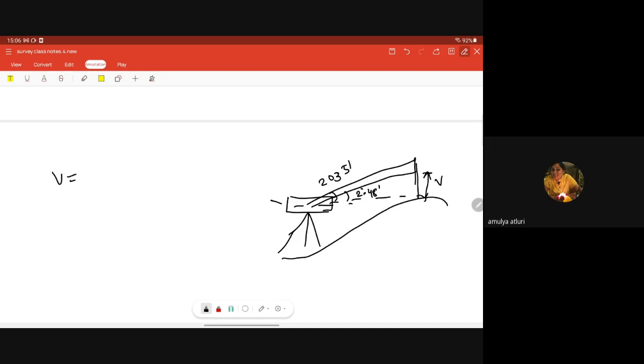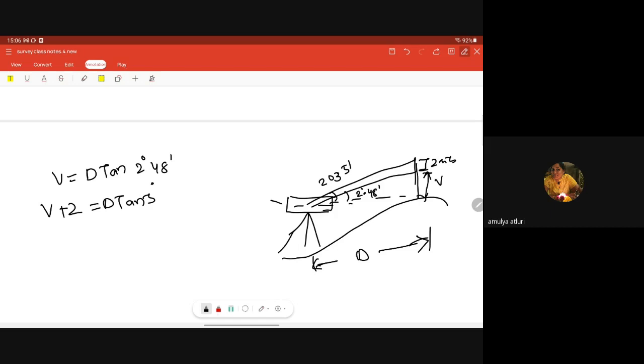V is equal to, this is the D distance, horizontal distance. V is nothing but D tan 2 degrees 48 minutes. Next, V plus 2, so they have given this as 2 meters. V plus 2 is equal to D tan 5 degrees.